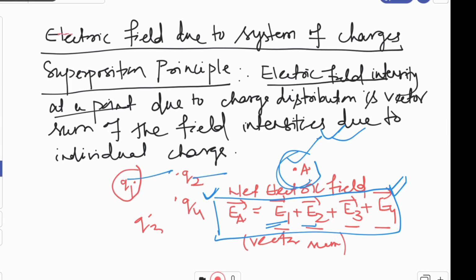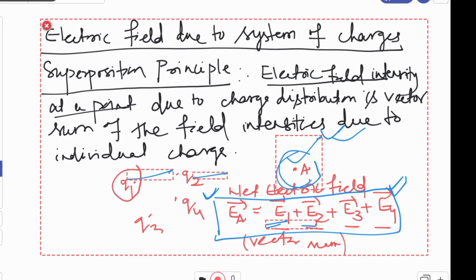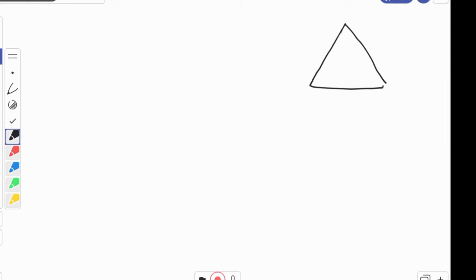So now we'll start with a very easy question to understand this in a simpler manner. Let the two charges, we'll see it now. This is an equilateral triangle. One charge is over here, Q, and another charge is over here, that is minus Q. Okay, children?